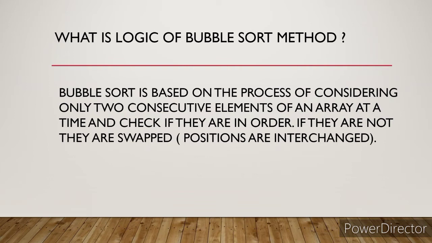If they are in order, we leave them as they are. If not, we swap their positions, and then we proceed with the second and the third, the third and the fourth, and likewise.